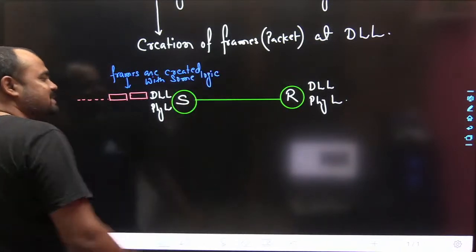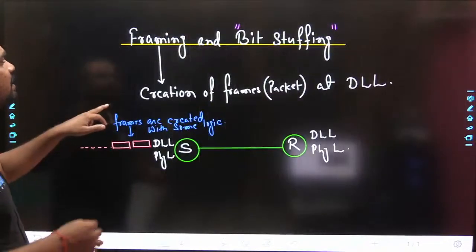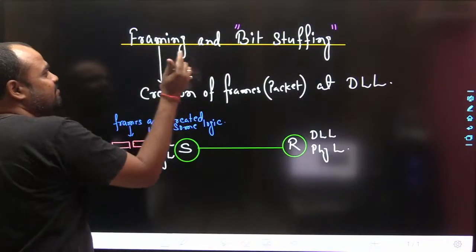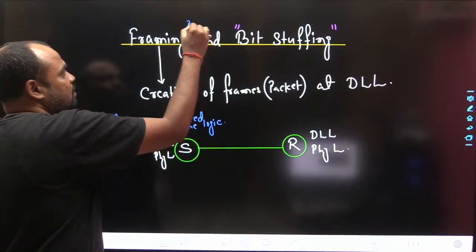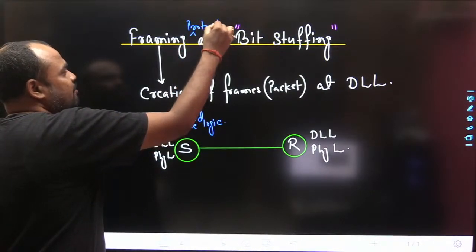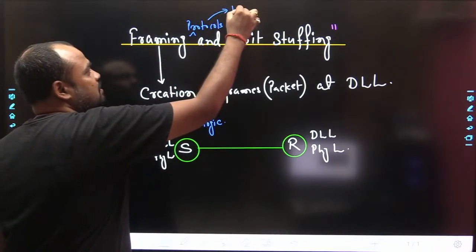Why I am saying this, I will tell you. And framing is nothing but a protocol. Whenever I write framing, after that you can write framing protocol. Whenever we say protocol, this is nothing but the logic.